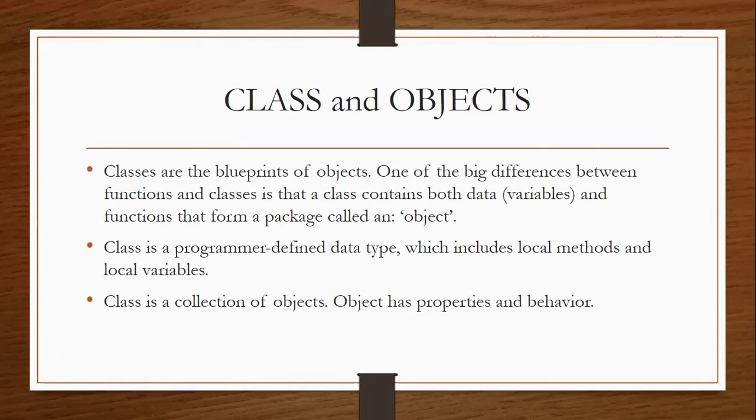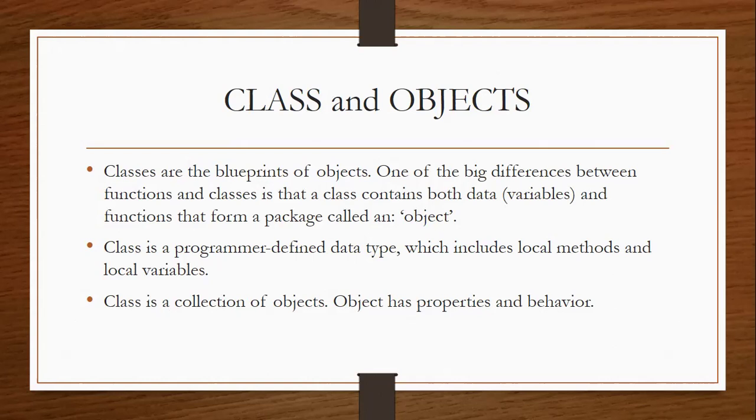We can create an object which is a reference to a class, and using that object we can perform all the operations. A class includes local methods and variables. In a later session we will talk about access specifiers like public, private, and protected, in the upcoming part of the video.